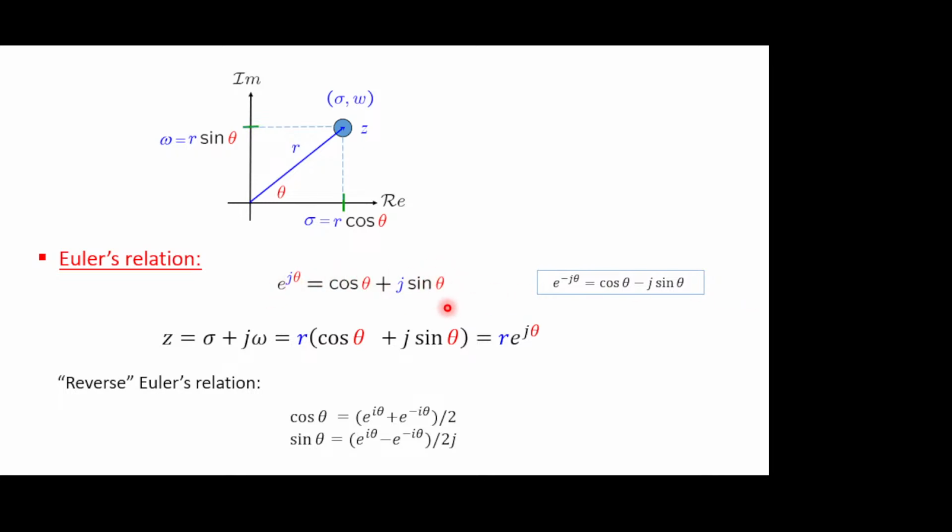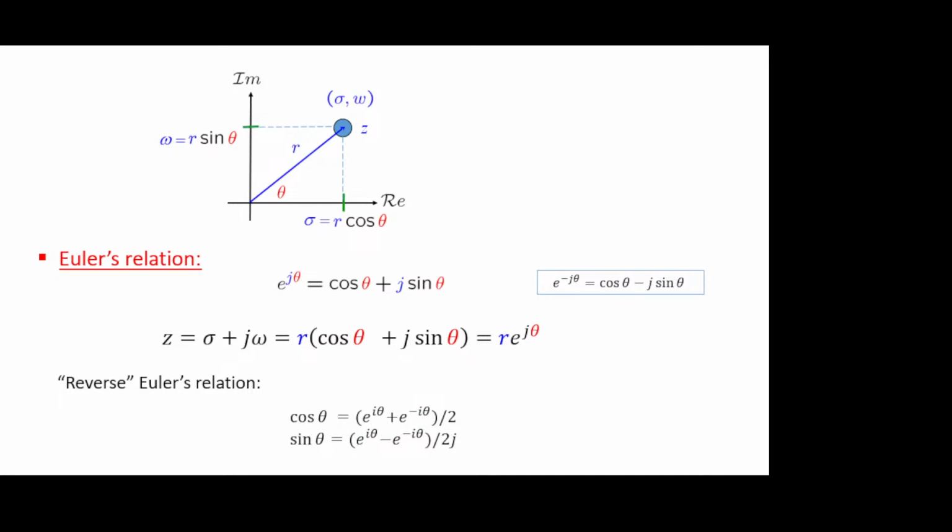But we can reverse it and express cosine theta and sine theta as complex exponentials. Note that if we have e to the minus j theta, then we have minus theta here, and this becomes cosine theta minus j sine theta. Now if we add those two equations together and divide by 2, then we see that cosine theta equals, okay, here is where I have a typo.